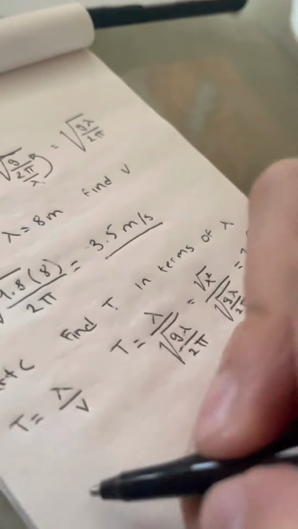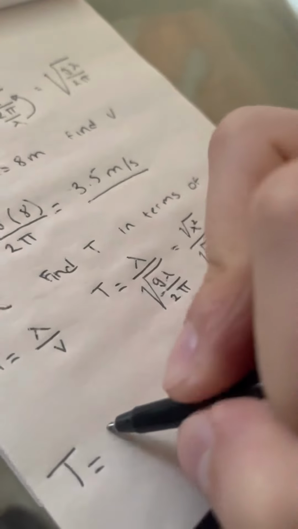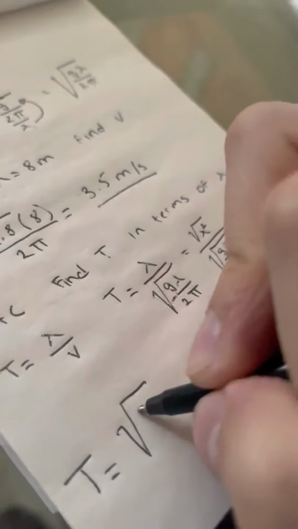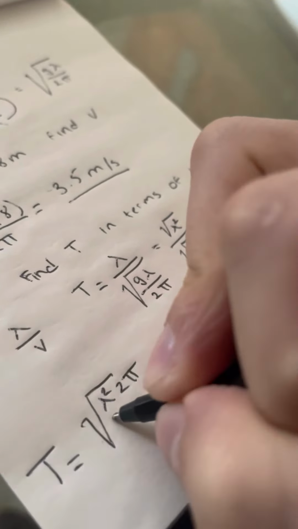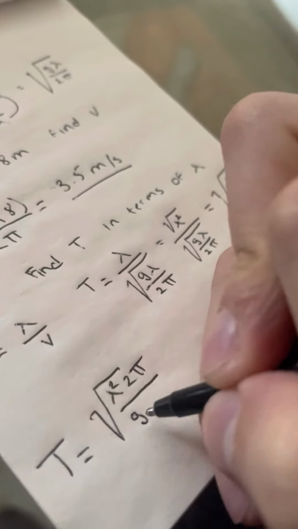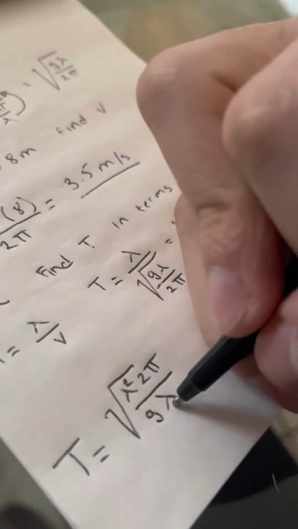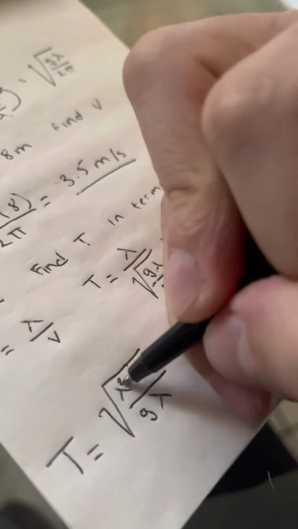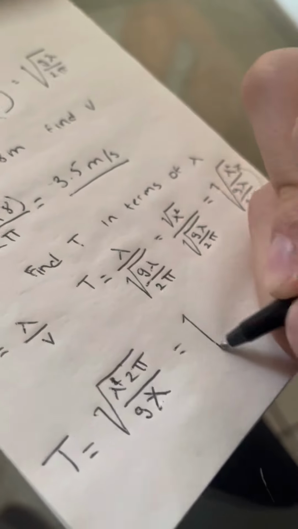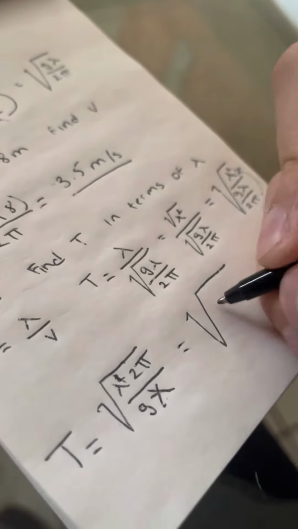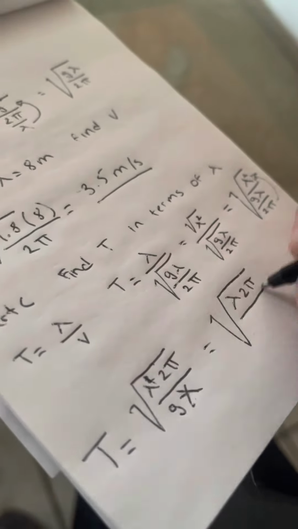So the new equation for T is T equals the square root of lambda squared 2 pi over g lambda. And now since we have a lambda at the bottom and at the top, we can cancel them out, giving us the final equation of T equals the square root of lambda 2 pi over g.